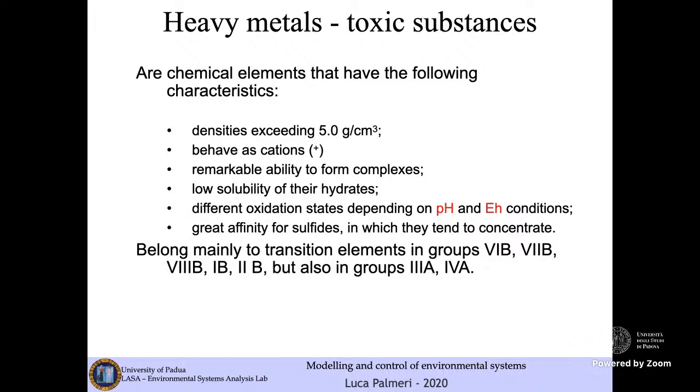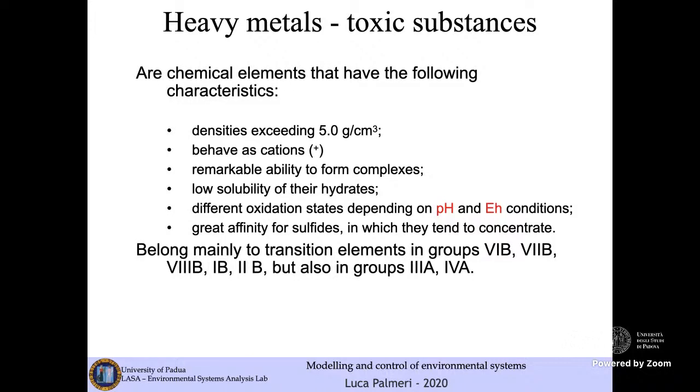So all these chemical characteristics of heavy metals make these toxic substances persistent and ubiquitous on all the four spheres, and in particular on the biosphere, which, as we said, is strongly interconnected with the hydrosphere, and in which we may find several quite complex molecules like sulfides and various complexes.